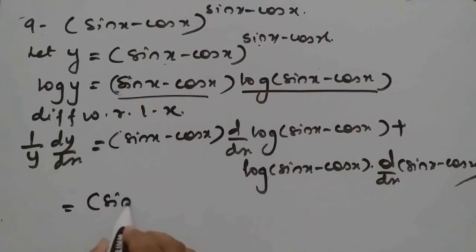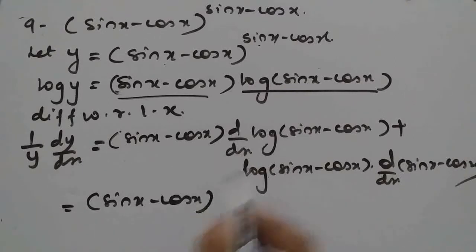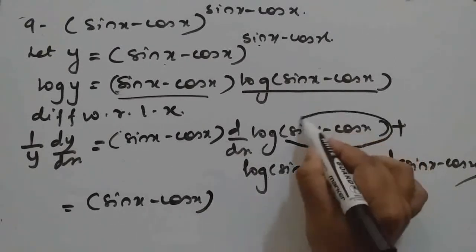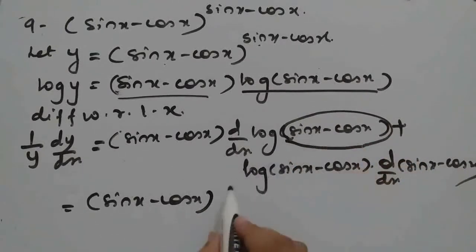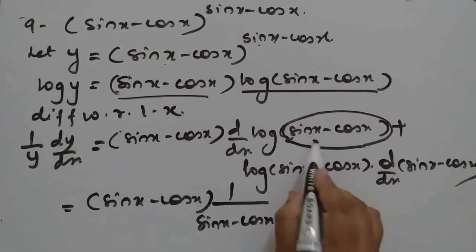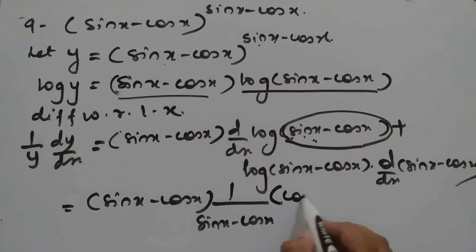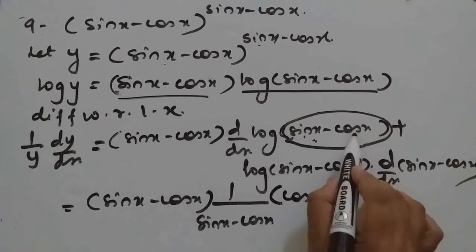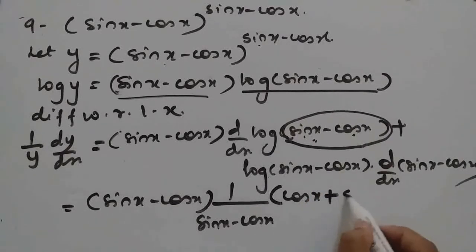So the first bracket will remain same. See, the derivative of log x is 1 by x. So the derivative of this bracket will be 1 by sin x minus cos x. Then derivative of this: sin x derivative is cos x. Derivative of cos is minus sin, so this will become plus.